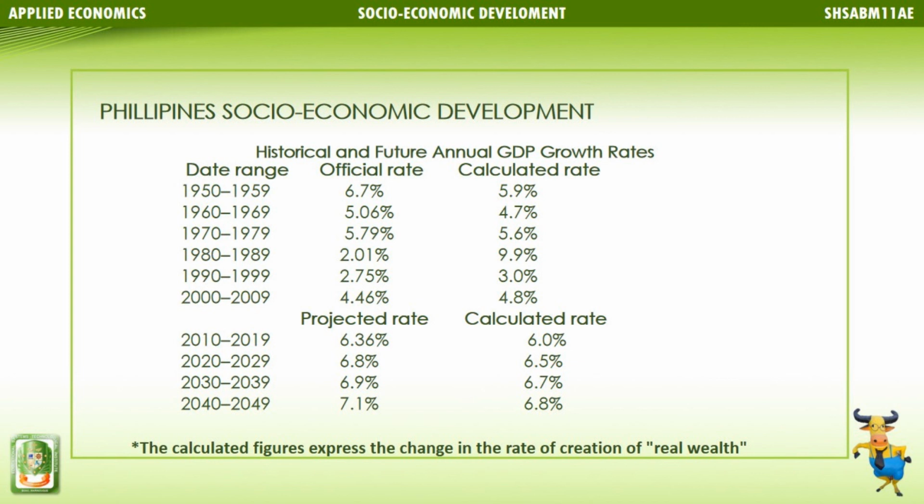2000 to 2009, official rate is 4.46%, calculated rate is 4.8%. 2010 to 2019, projected rate is 6.36%, calculated rate is 6%. 2020 to 2029, projected rate is 6.8%, calculated rate is 6.5%. 2030 to 2039, projected rate is 6.9%, calculated rate is 6.7%. 2040 to 2049, projected rate is 7.1%, calculated rate is 6.8%.